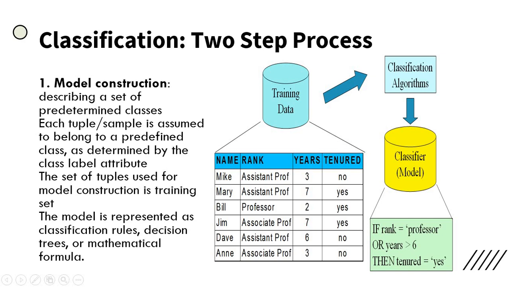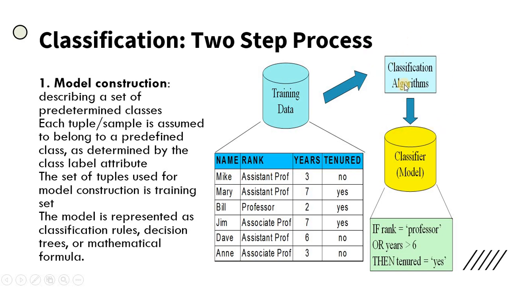So in model construction, as I said, we are creating one model and we are providing the training data to that model. The model will be trained on that data. So here this is the training data, and this training data is given to the classification algorithm.